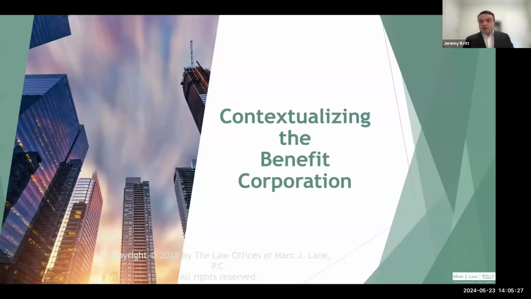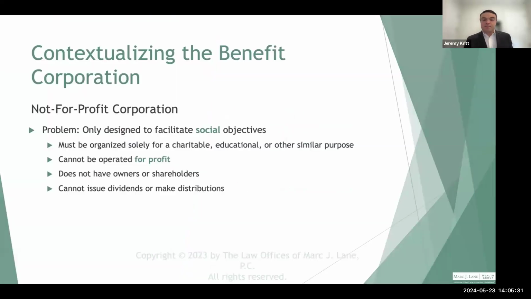So why don't we go ahead and use those objectives to start contextualizing the benefit corporation. So you have those objectives and let's say you want to start a business with social and environmental objectives. So what entity structure would you start off with? Well, you might consider the not-for-profit corporation.